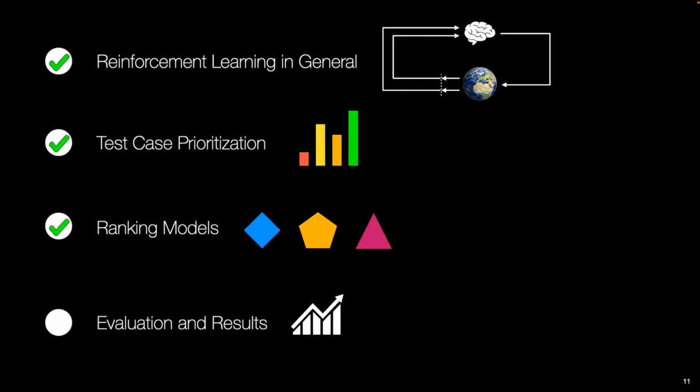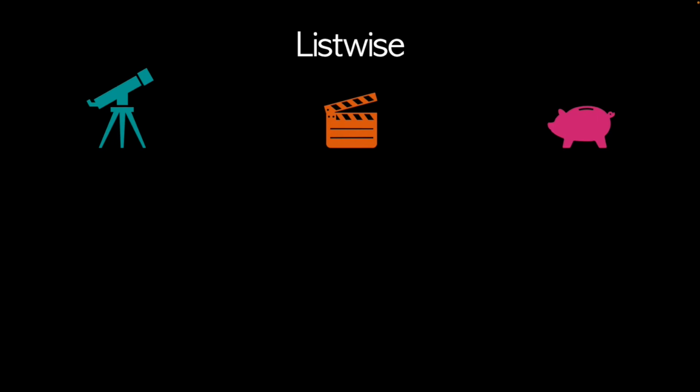Okay, so the next part is the modeling part, so how we can model this problem as a reinforcement learning problem. And I'm going to use one example, in which I assume that I have one cycle, and in this cycle there are 6 test cases. So the first model is called listwise, and remember we have to define 4 things.